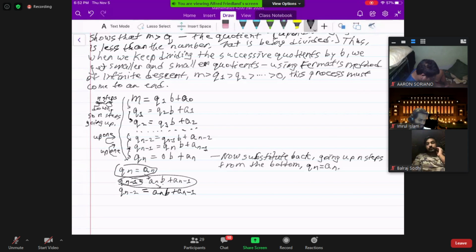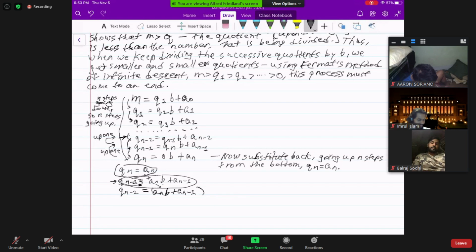But look at over here, Q sub n minus 2, it's Q sub n minus 1, which we had from the line just above this. Here's Q sub n minus 1. It equals A sub n B plus A sub n minus 1.